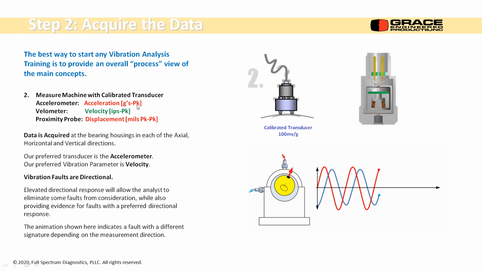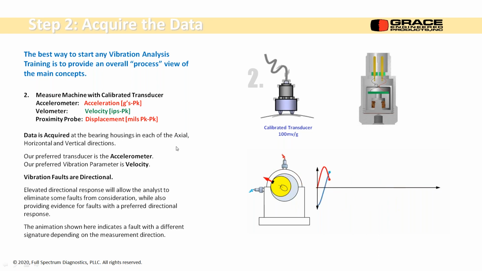So we have a problem with the acceleration parameter and the displacement parameter. Velometers are expensive. They give you velocity directly, but the accelerometer is easiest because they're cheap and you can mathematically integrate the signal and get velocity out of it. Okay, a lot of jargon, not real important that you know that right now, but accelerometers and velocity are the preferred method.